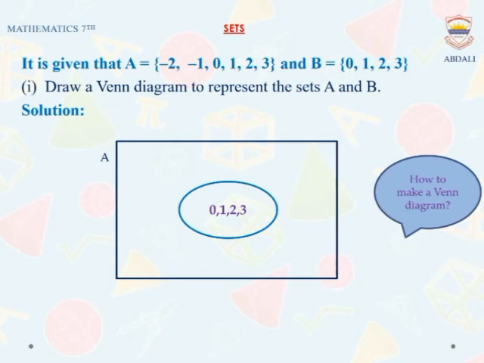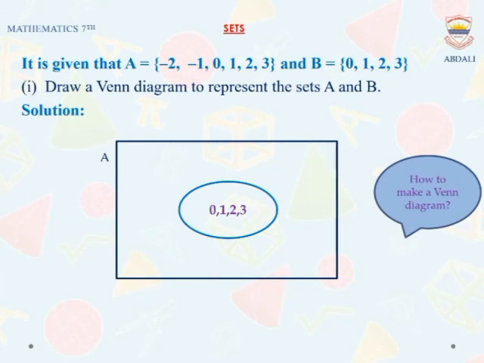Okay, only the universal set will be represented in a rectangular shape. All the other sets will be represented by an oval shape. So now set B will be represented by an oval shape and it contains 0, 1, 2, 3. Okay, and set A has all the elements 0, 1, 2, 3 and -2, -1.